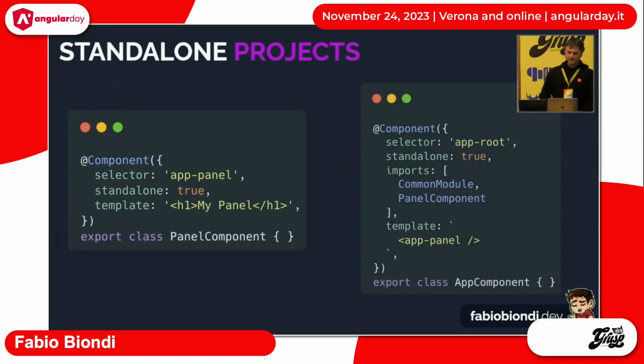A standalone component is simply a component where you use the standalone flag, and when you need to use it, you just import the component in the imports parameter of the component decorator. We talked about it, and probably you already know this because Daniela and Aris talked about this stuff.